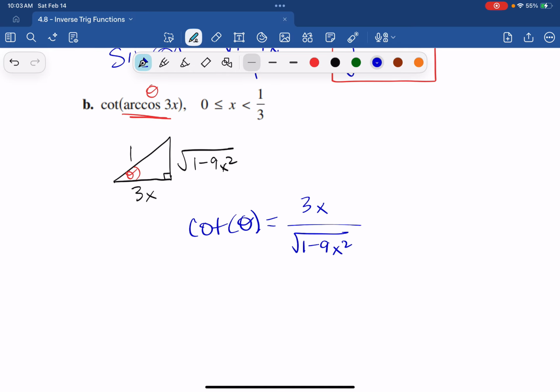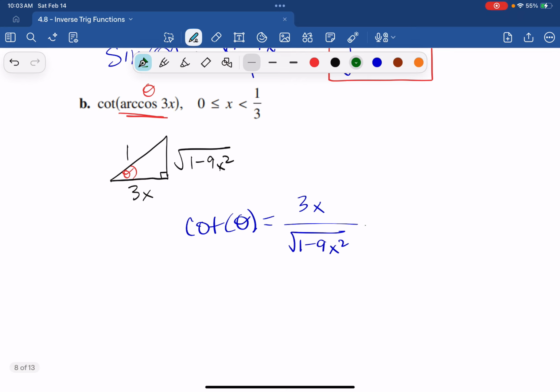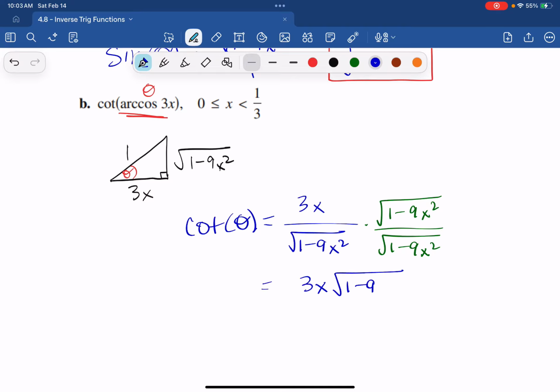Now I know we talked about how you can't really have a square root in the denominator, so we're going to just go ahead and rationalize this by multiplying numerator and denominator by that radical. So this is going to give us 3x times the square root of 1 minus 9x squared. And then when I multiply square roots, they undo each other. So I'm just going to get 1 minus 9x squared. So this would be my algebraic expression.